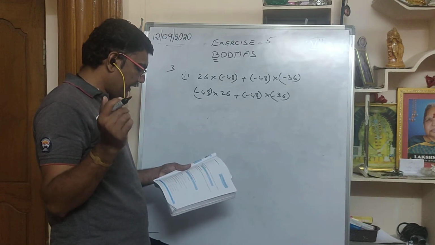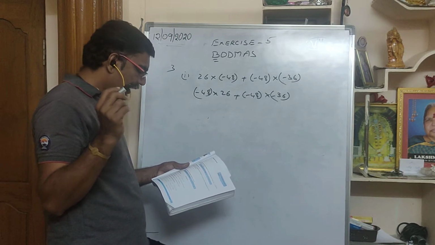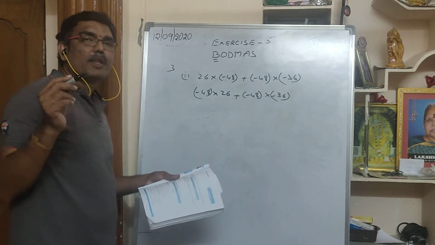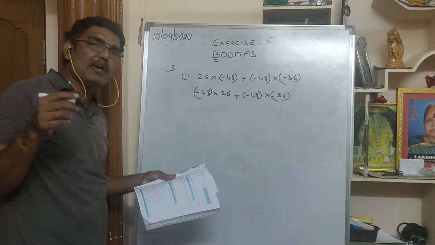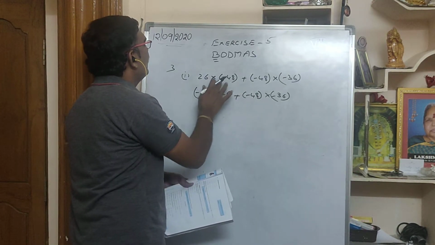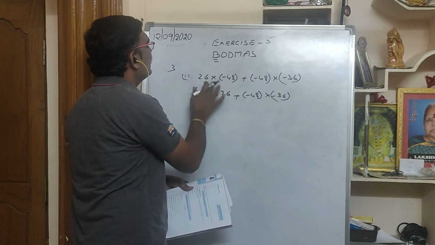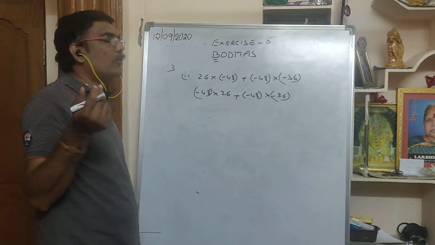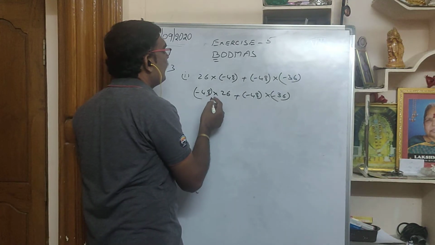Why do you have to write properties? He asked, find the product using suitable properties. You should use a property and find the product. First I wrote minus 48, then 26, using the commutative property under multiplication.